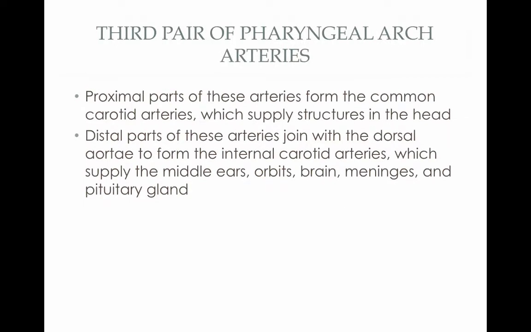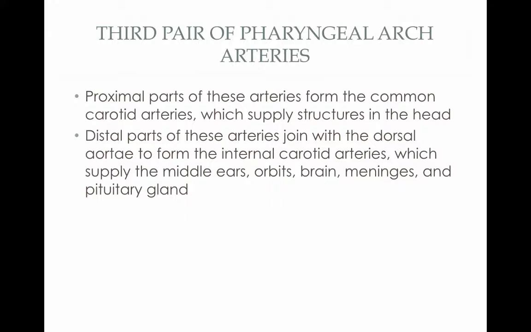Well, what about the third pair? As we keep going down the trunk here, going down these arch arteries. The third pair, the proximal parts of these arteries form the common carotid arteries. Again, the carotid arteries supply blood to the head, right?